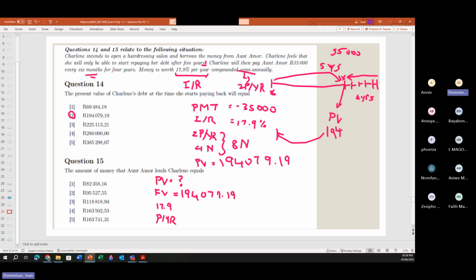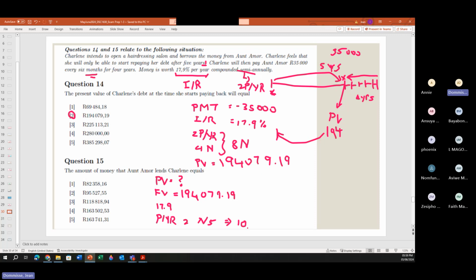The only difference now is it's 5 years. So n is 5, so our total periods now is 5 times 2, which is 10. Instead of the 4 years, it is now 5 years.